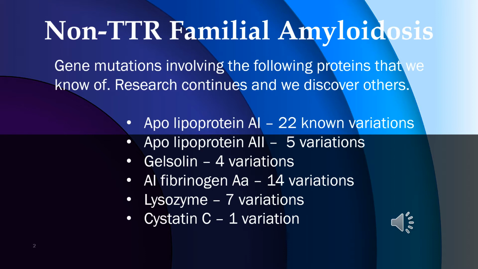Now, there are multiple different types of genetic mutations that they're learning about the more research that they do. But they just really haven't focused on the non-TTR as much because there is not as much of a prevalence as there is with the ATTR familial amyloidosis.